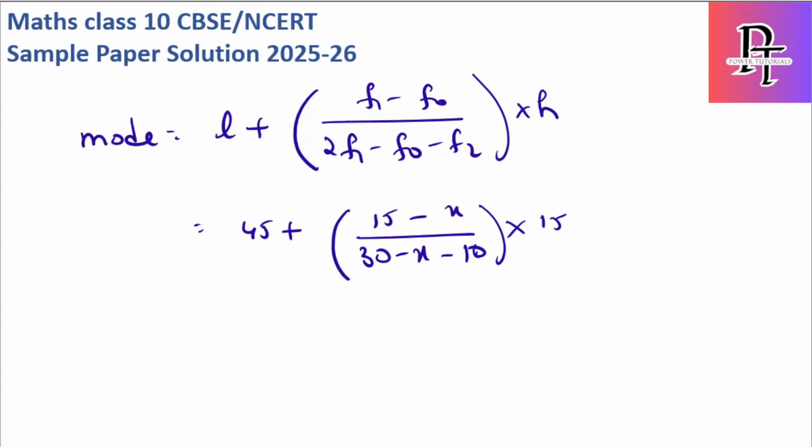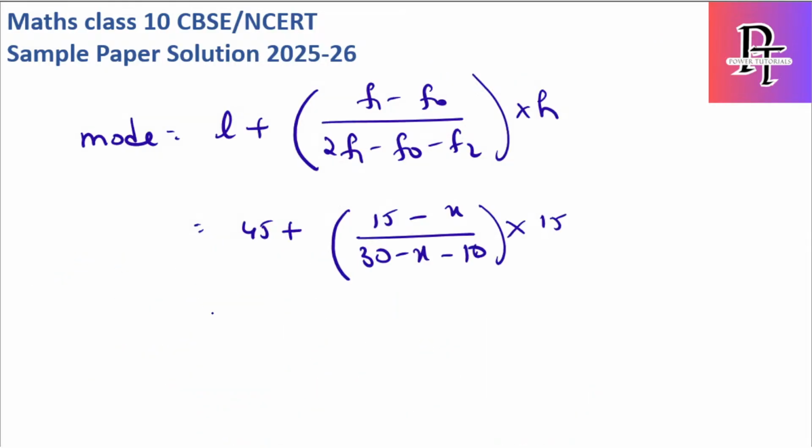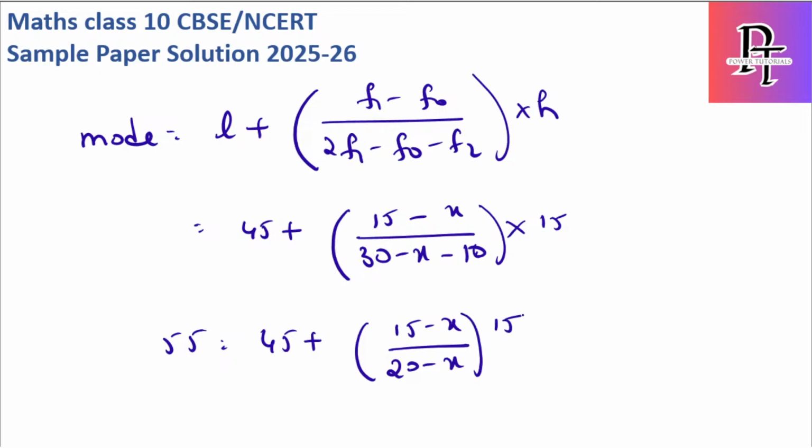Okay, so let's solve this. The mode value they have provided is 55. So 55 is equal to 45 plus 15 minus x by 20 minus x into 15. If I move 45 to the left side, it becomes 55 minus 45, which is 10.